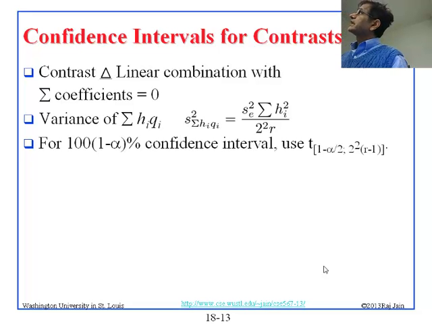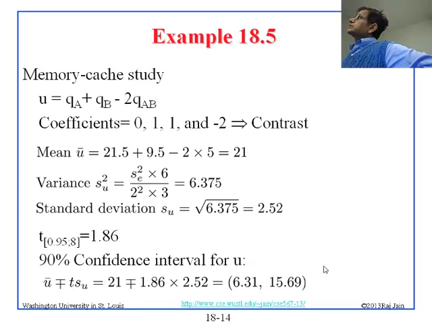SE square times the sum of HI square divided by 2 raised to 2R. In this case, the sum of HI square is 1 square plus 1 square plus 2 square, which is 6.